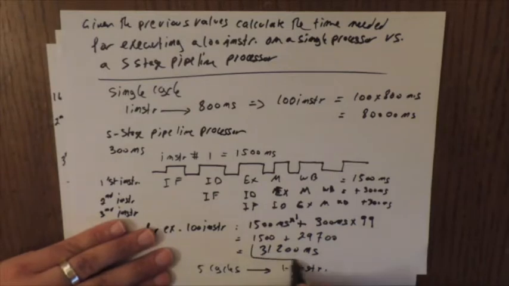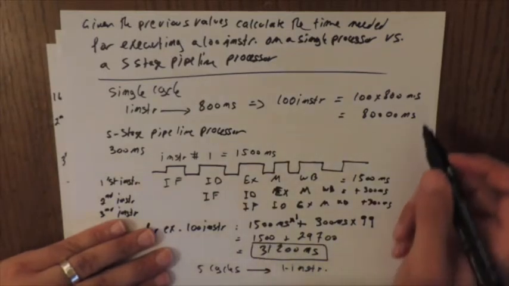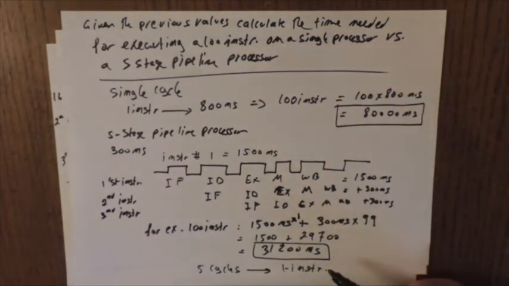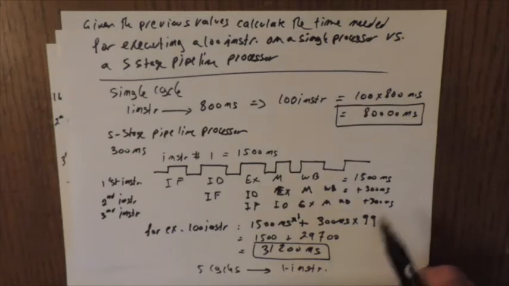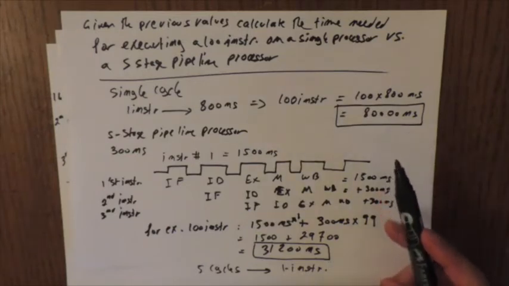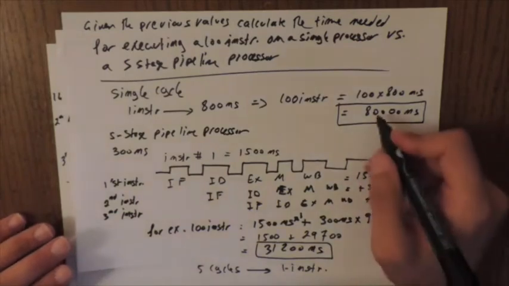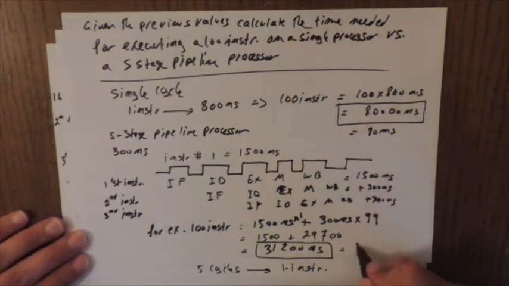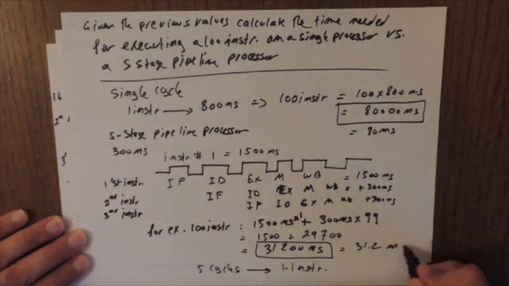So you see, we have a major advantage here, 31,000 nanoseconds or 31.2 milliseconds, and here we have 80 milliseconds. Okay, so this is equal to 80 milliseconds, and this is equal to 31.2 milliseconds.